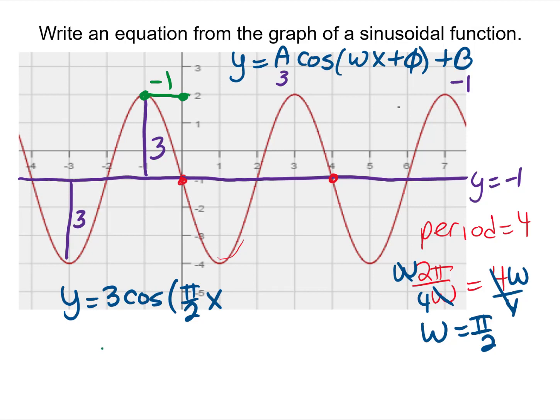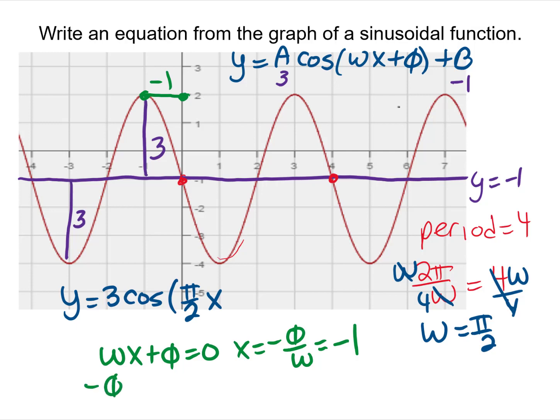Our phase shift comes from taking omega x plus phi equals 0 and solving for x, which is negative phi over omega. And that needs to equal -1. We know omega, so let's multiply both sides by omega.